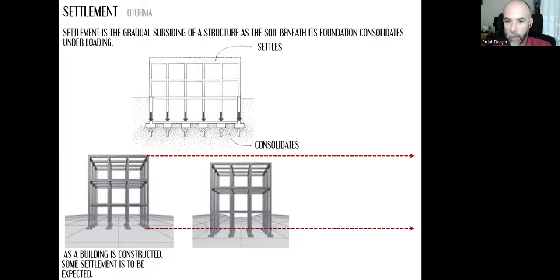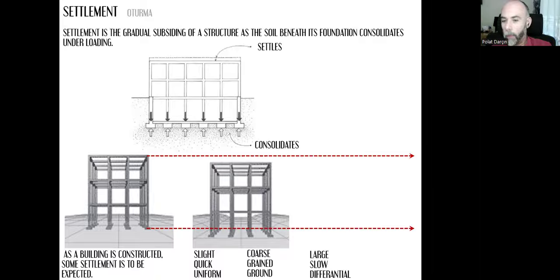And it generally happens very slightly, very quickly, and uniformly. Every part of the building will settle equally. That's what we are looking for. That's what we call a uniform settlement. And it mostly happens where there are coarse-grained grounds like gravel or sand.